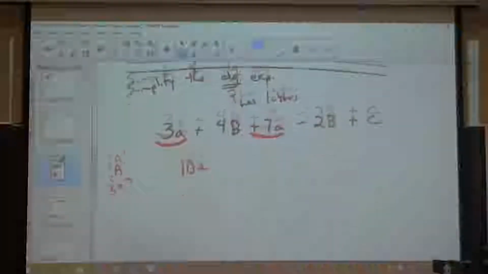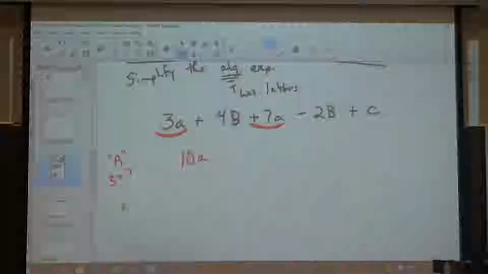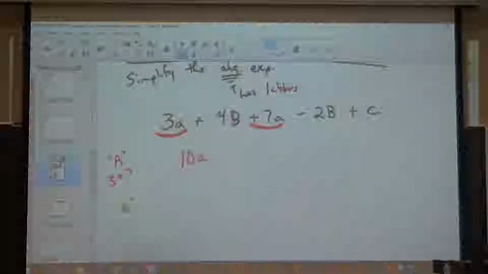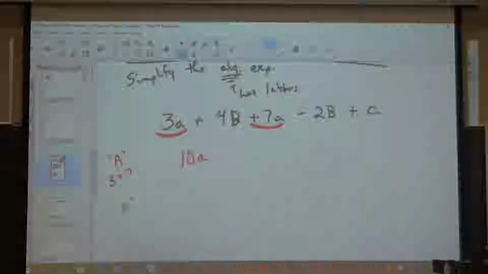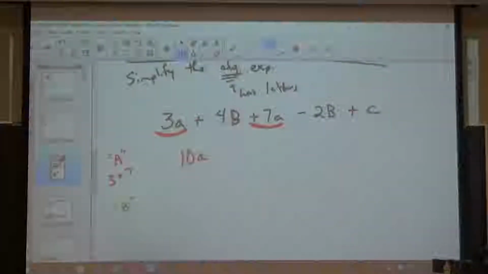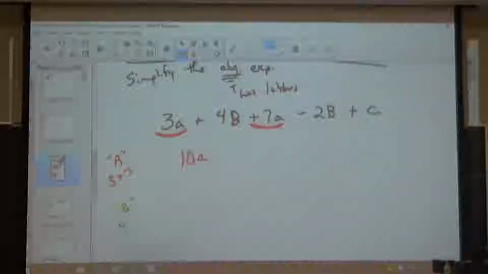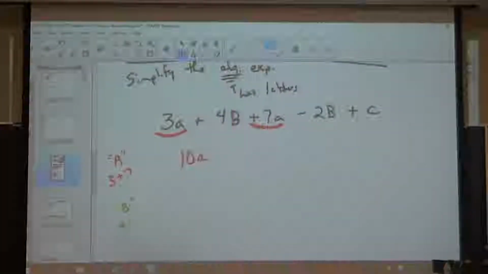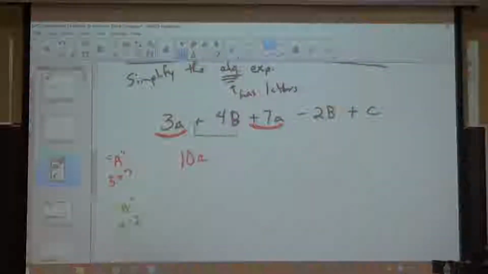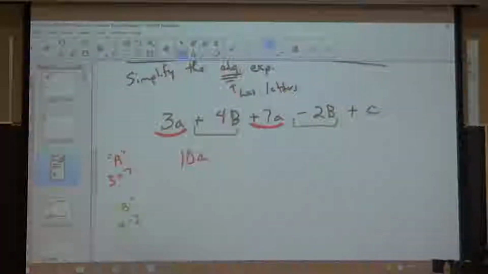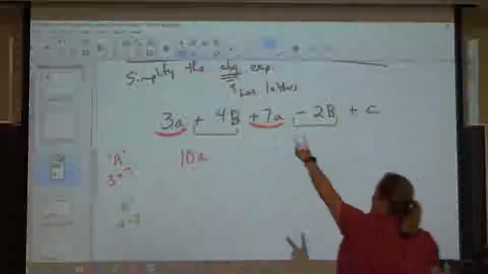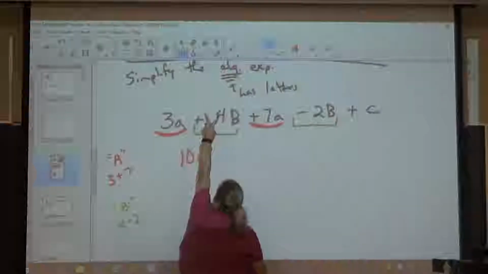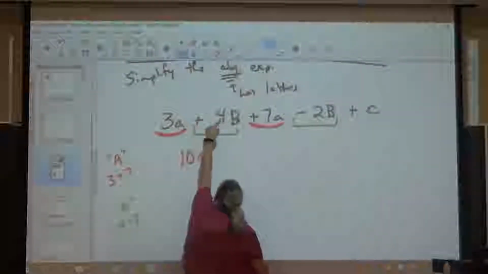So when I do my banana problem, what do I write? 4 bananas minus 2 bananas. Because this is a positive 4, because that's attached to that.